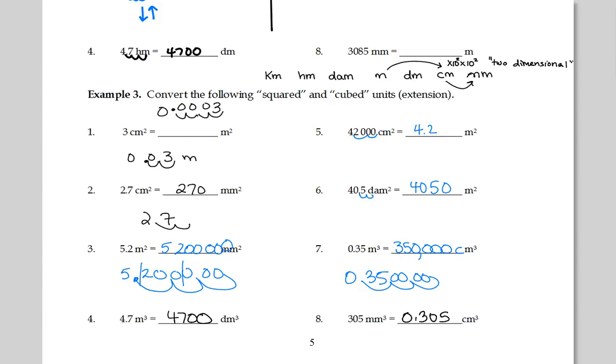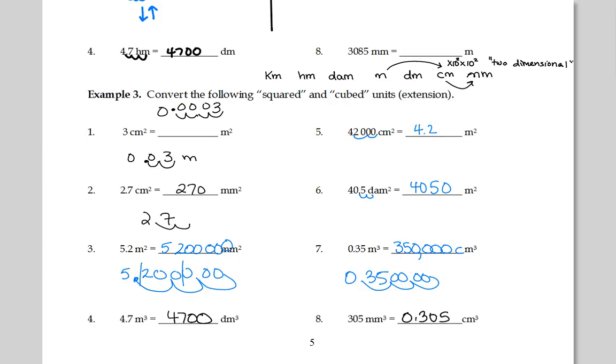Okay, so just double check here that you got some of the same answers. Remember that every jump for 1 dimension is factors of 10. Every jump for 2 dimensions is a factor of 10 square. And every jump for 3 dimensions is a factor of 10 cubed. So for example, if you look at number 8, you're going from a millimeter cube to a centimeter cube.